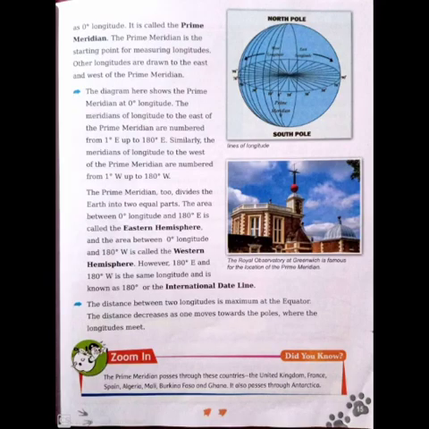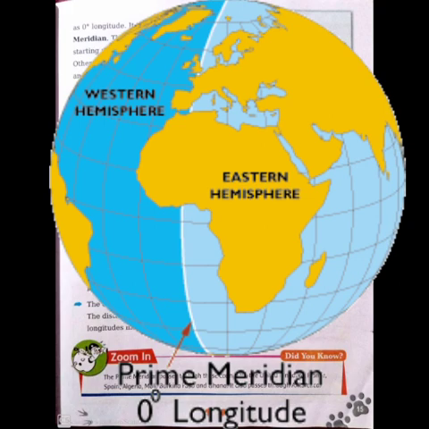The prime meridian also divides the earth into two equal halves. The area between 0 degree longitude to 180 degree east is called the eastern hemisphere, whereas the area between 0 degree longitude to 180 degree west is called the western hemisphere.